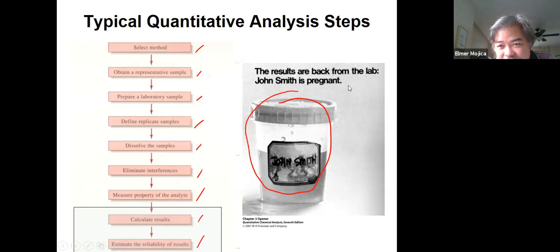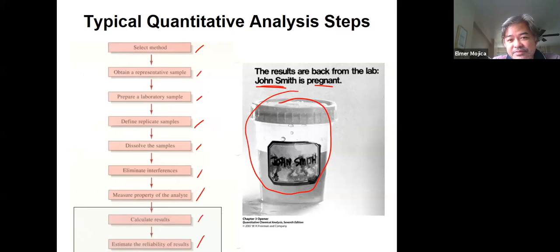So what makes this interpretation absurd? Okay? Anyone? What makes this interpretation absurd? Okay? John Smith cannot be pregnant.